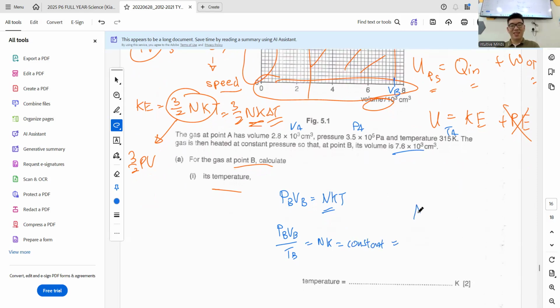Related to A. PA VA over TA. So you know all of this, right? Constant pressure, can cancel. Then you can solve. You know VB, you know VA, you know TA, and then you can find TB.